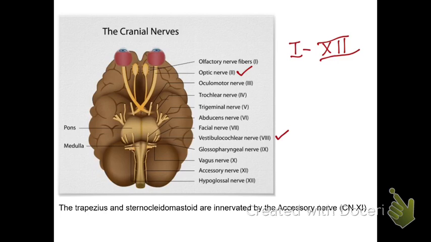Now, you are not responsible for identifying these nerves on the brain. So if you flip over a brain model or look at your atlas and your book, you're going to see these cranial nerves labeled. You are not responsible for identifying the cranial nerves, but you do need to learn the cranial nerves, what they do, okay?